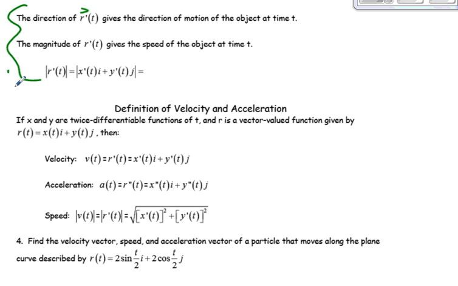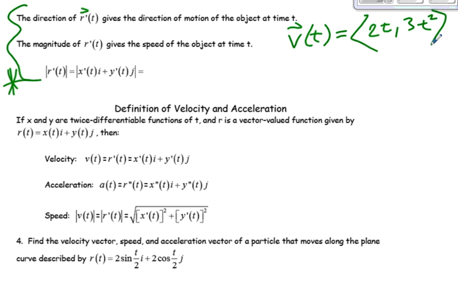I know I already said this, but this is super important. When we talk about speed, speed is not a vector, so it will not be written in component form. Speed is just a scalar. That means it's just a number, just a constant. So when I ask for speed, do not give me a vector. For speed, we start with the vector for velocity. From previous, we had 2t and then 3t squared.